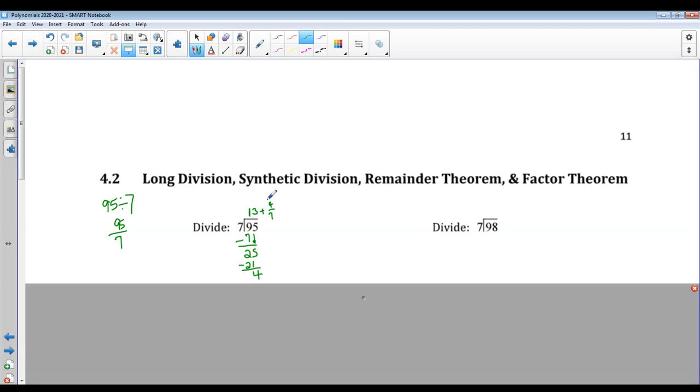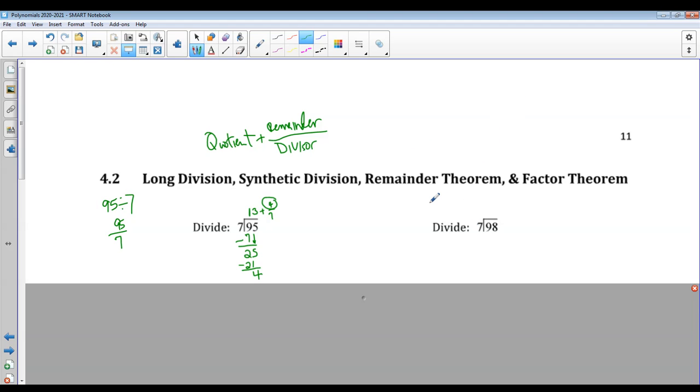So it's the quotient plus the remainder over the divisor. So 13 and 4/7. 13 plus 4/7. So that basically tells us we are 4 units away from 7 going in perfectly to 95.